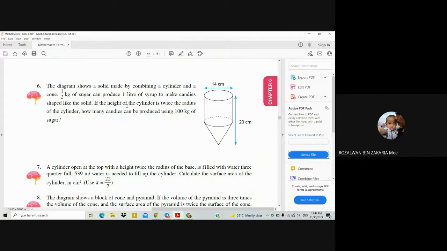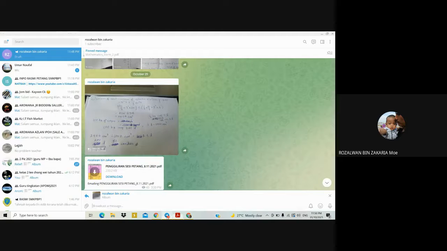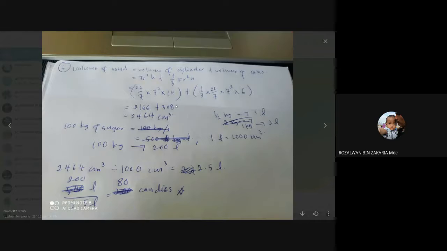It is mentioned in the question: if the height of the cylinder is twice the radius of the cylinder, so the height is twice the value of the radius. The radius of the cylinder equals 7, so height equals 7 times 2, which is 14. So the height of the cylinder equals 14.